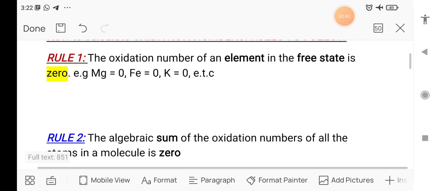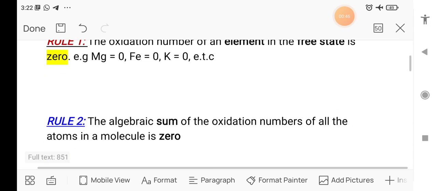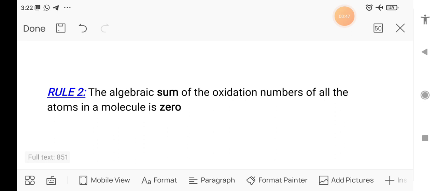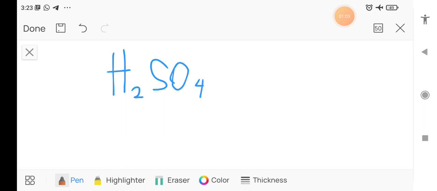Rule number 2 says that the algebraic sum of the oxidation numbers of all the atoms in a molecule is 0. For example, this is a polyatomic molecule, tetraoxosulfate 6 acid, which has 3 different atoms.